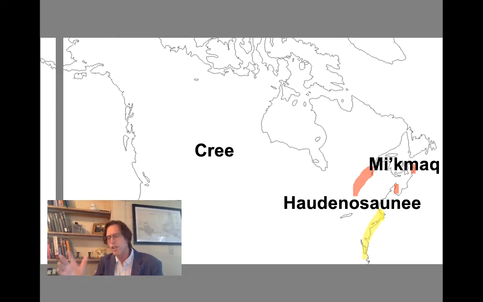And then we're going to move out into Western Canada, and we're going to look at the Cree. These are people that will show up again later in the course. So I want to situate them, and I want you to see that they have their own histories, their own pasts, their own evolutions, their own stories.